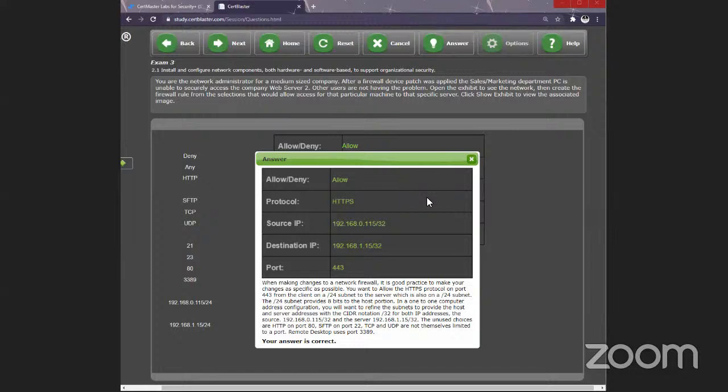I was looking at a question about allocated subnets and stuff. I wouldn't stress too much about it. As long as you understand the basics of CIDR notation, you'll be squared away.